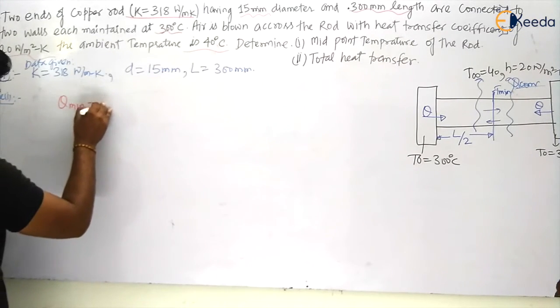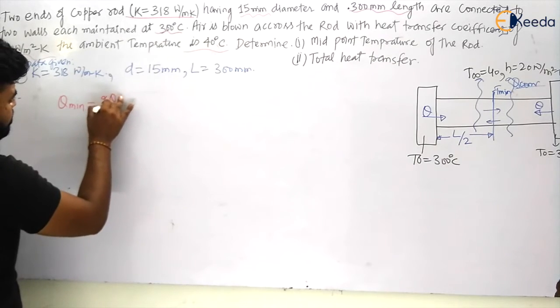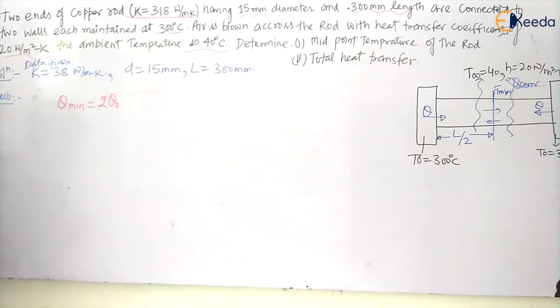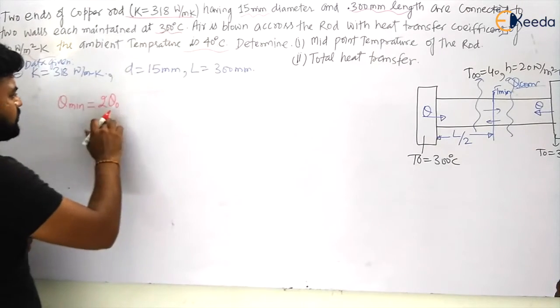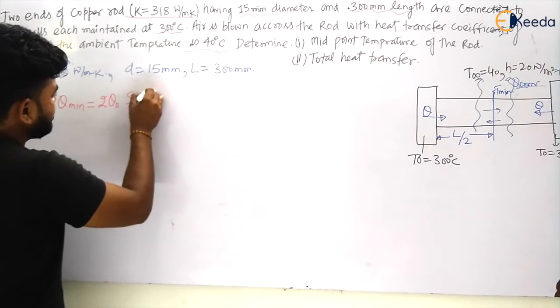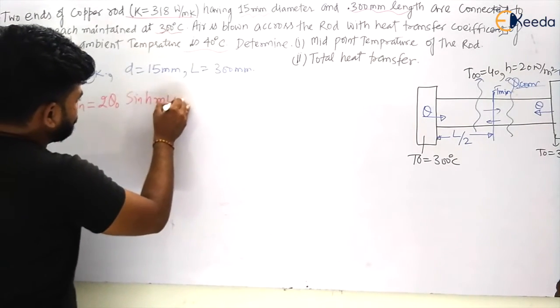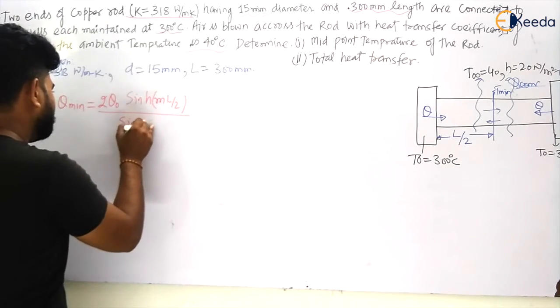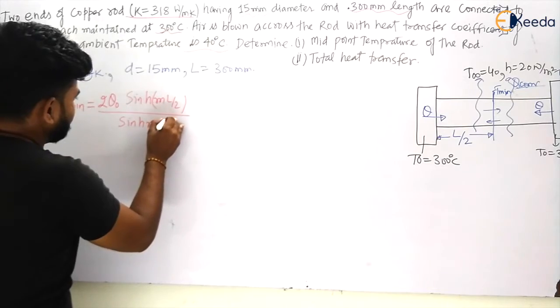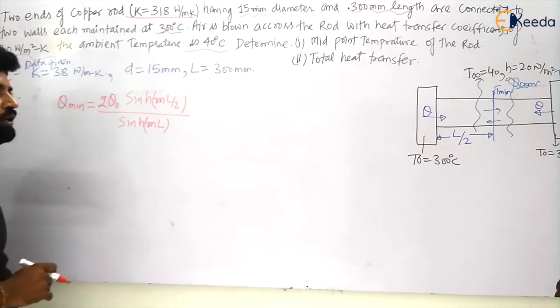Theta minimum is equal to twice theta naught multiplied by sine hyperbolic of ml by 2, divided by sine hyperbolic of ml, my dear students.